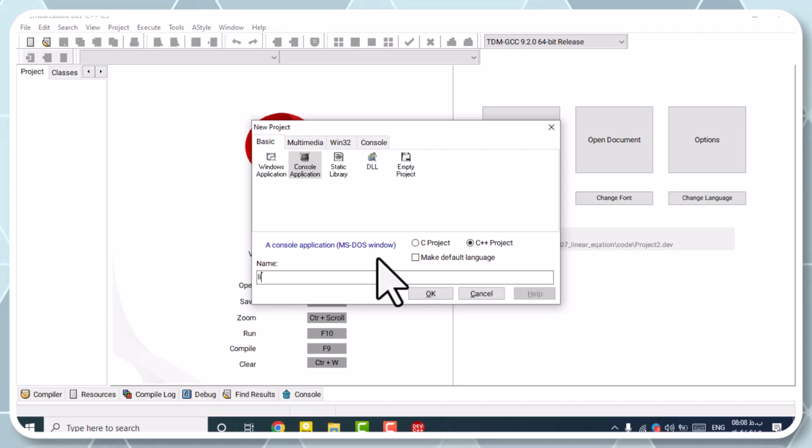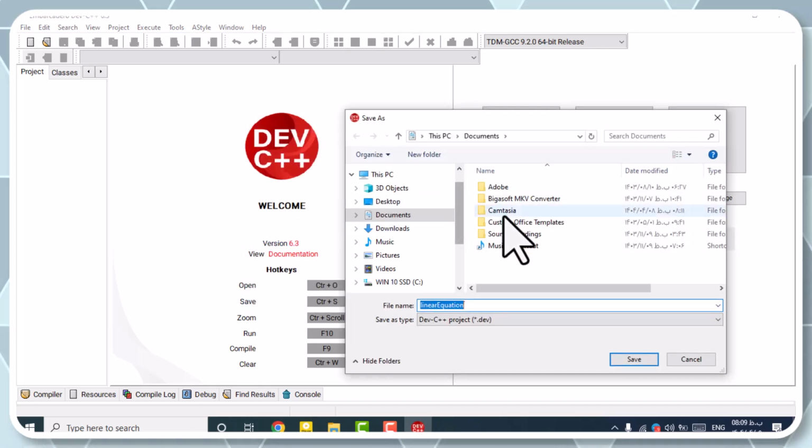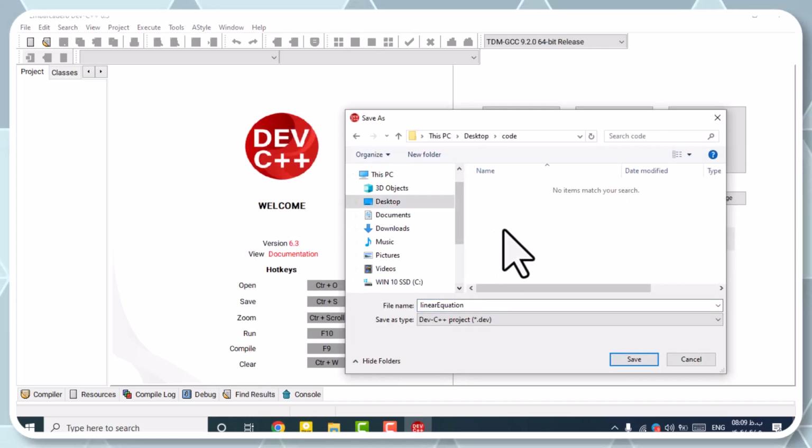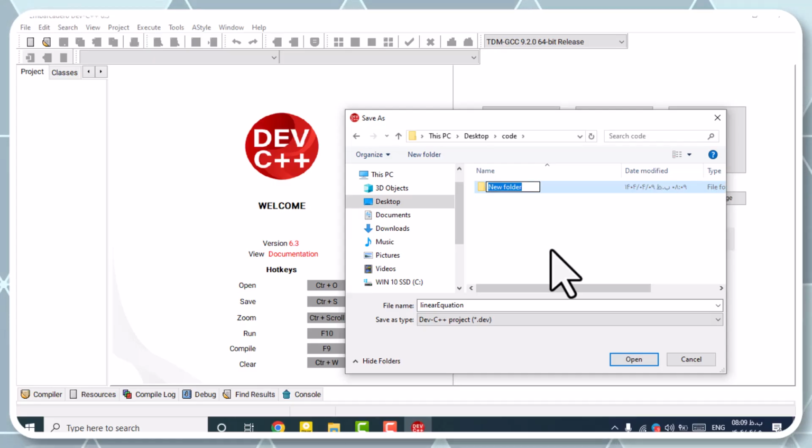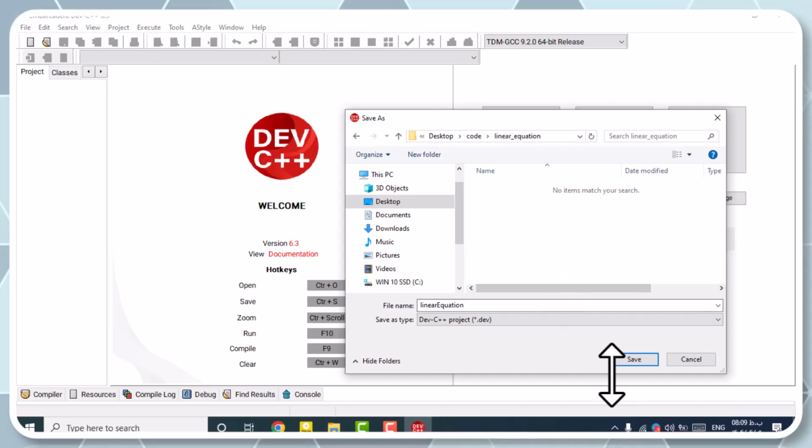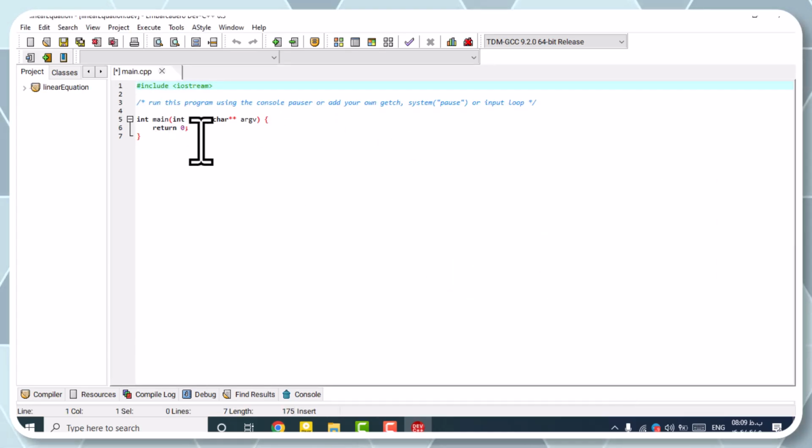I name it linear equation, by C, or let me make it as a C++ project here in the code folder, and I make a project with the name of linear equation here. And inside that, make my project here.